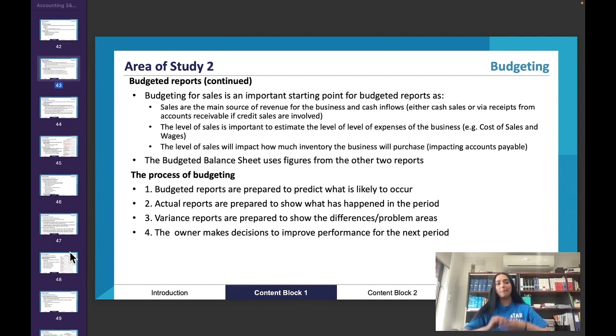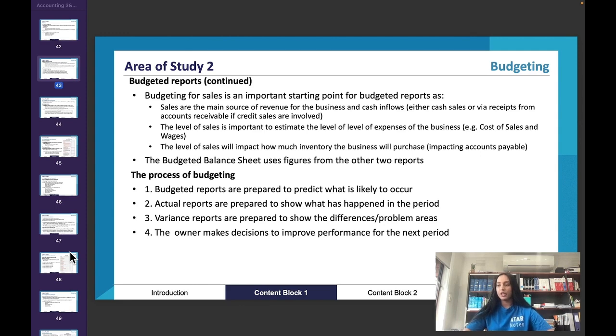So, budgeted sales is the most important budgeted transaction that we predict because it's the business's main source of income and we want the most accurate prediction of that. Estimating sales helps us to estimate cost of sales and other expenses, and the number of sales will also impact how much inventory is purchased in the next period.